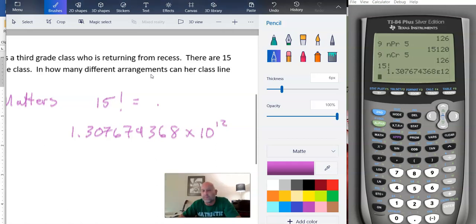Well, every time you multiply by 10, it moves the decimal one place. So if I multiply it by 10 12 times, that means it's moving the decimal 12 places. So that means we go 1, 2, 3, 4, 5, 6, 7, 8, 9, and then I need zeros for 10, 11, and 12.